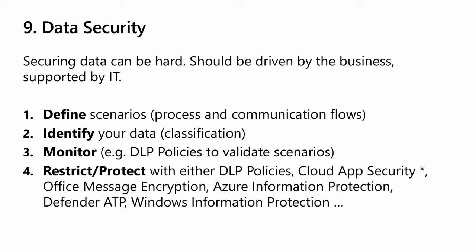Once you've gone past classification, then monitor whether or not it meets the business requirements, the business processes that you're trying to protect, and only then step up to let's start to encrypt the data. Because encryption is quite definitive. Once it's encrypted, it means only you and I can look at the data, or whomever has been granted access to the data. But one thing I've noticed is that encryption through AIP, for instance, is not super flexible.